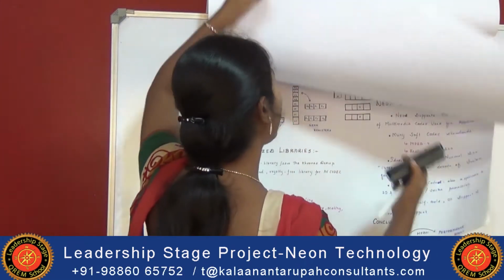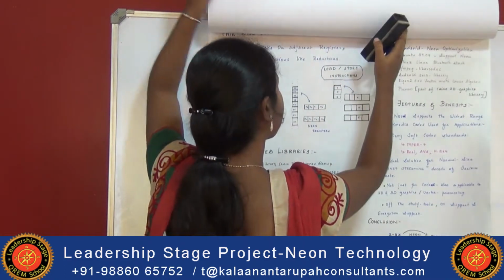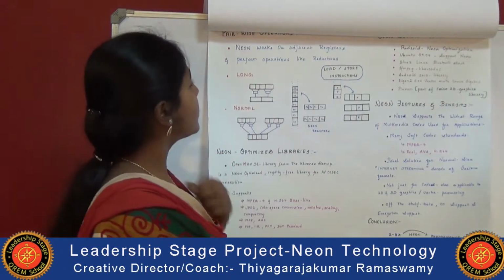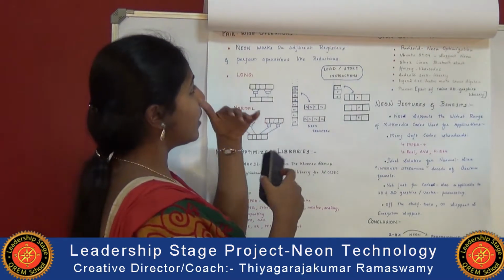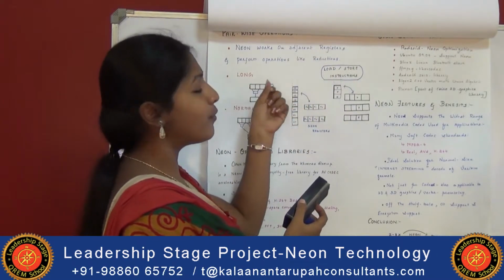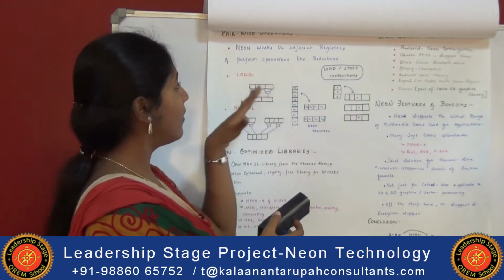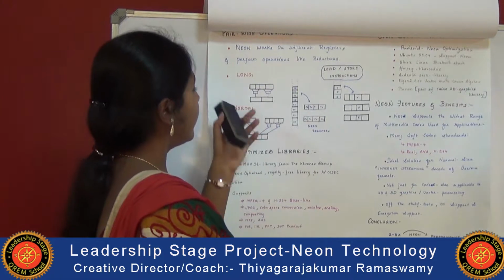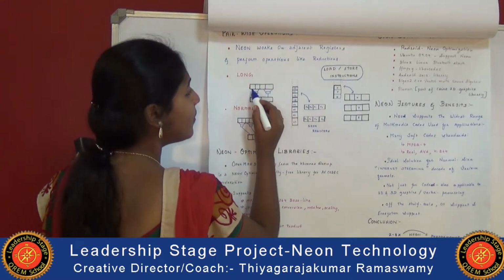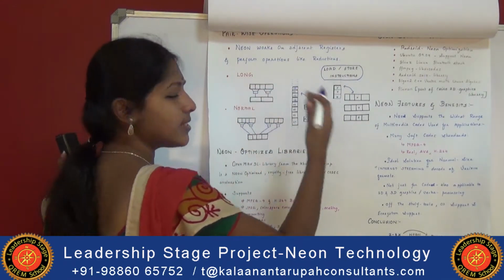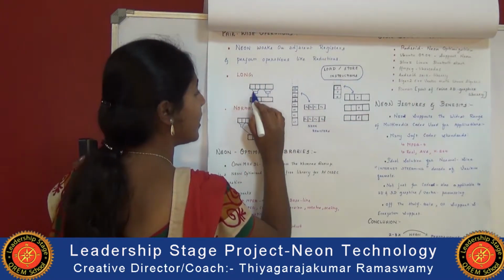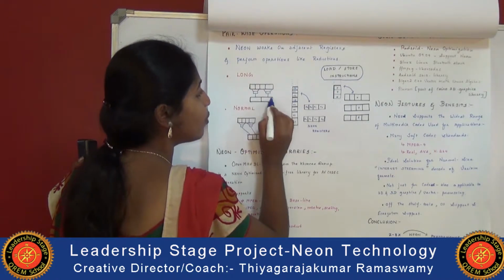And next we go for pairwise operations. In the case of pairwise operations, NEON works on adjacent registers and performs operations like reductions. In this example, it is long and it is normal. In a long, if it is this register, it works on the adjacent register, and using that adjacent register, it performs some operation like reduction, and it reduces to form like this.